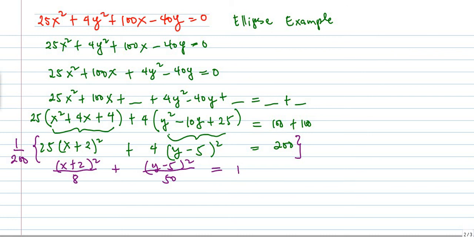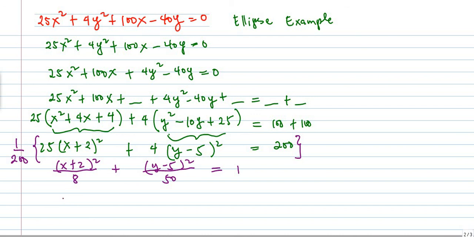Yan po. So, that is now the case of our ellipse. So, this is 8. What will be our center, or where is the center located of our ellipse? I-rewrite lang muna natin siya sa standard equation.